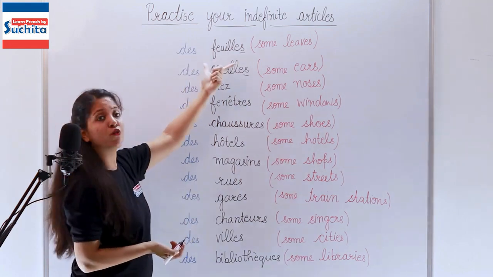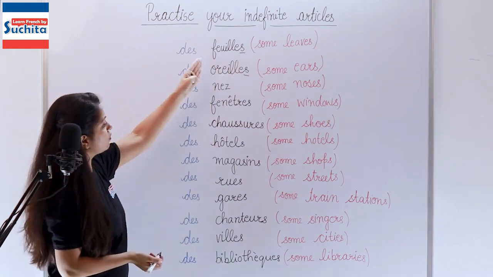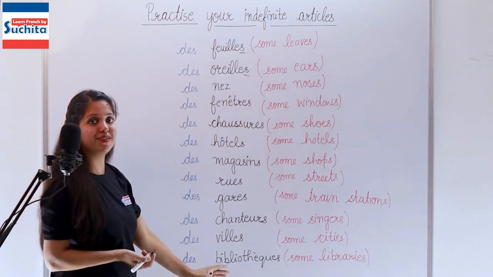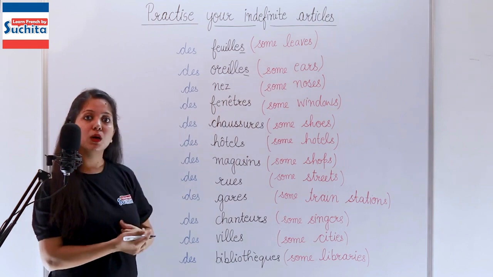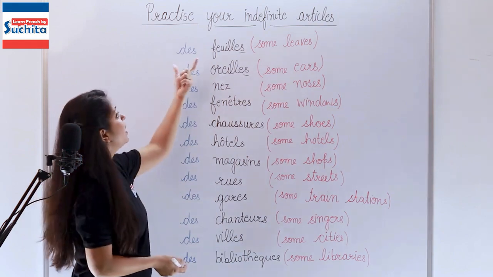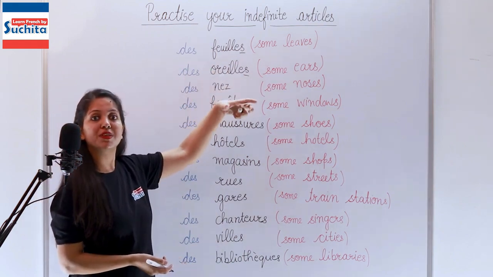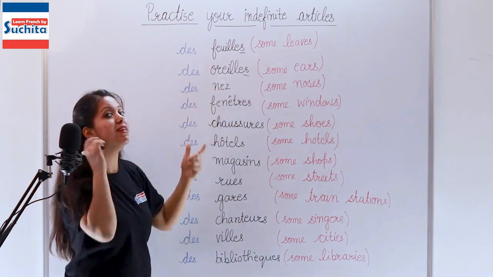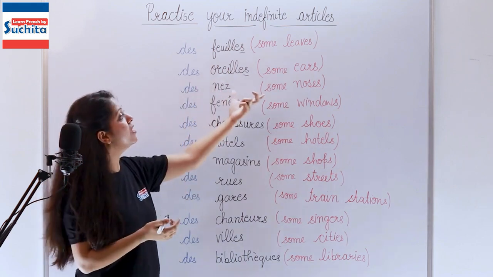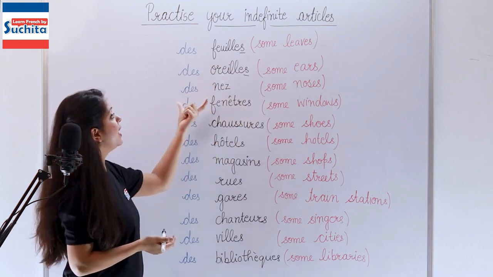So now, des feuilles. Irrespective of the gender of these nouns, I've written des in all of them because all of them are plural. Des feuilles, which means some leaves. Des oreilles, which means some ears. Des nez.